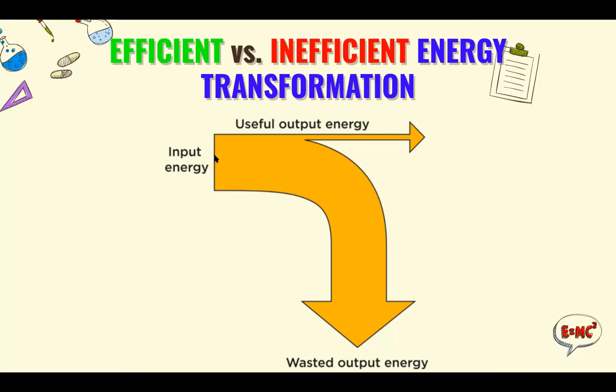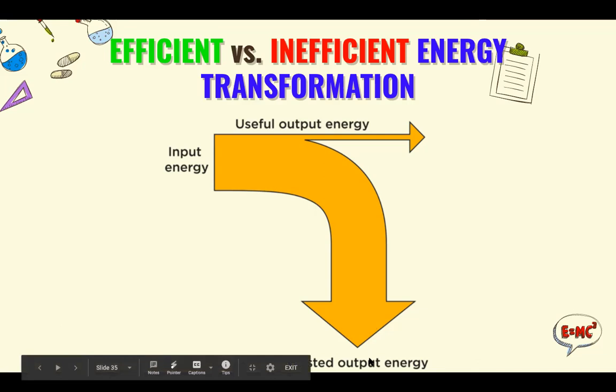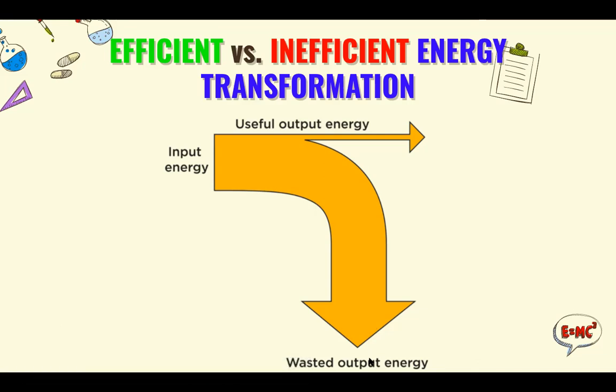Okay, so over here we see input of energy and then useful output of energy. Look how small that is. And then there's wasted output energy. So if I want to actually input some energy and make something move, and it generates a lot of heat, then some of that energy that I've inputted has been lost to heat.